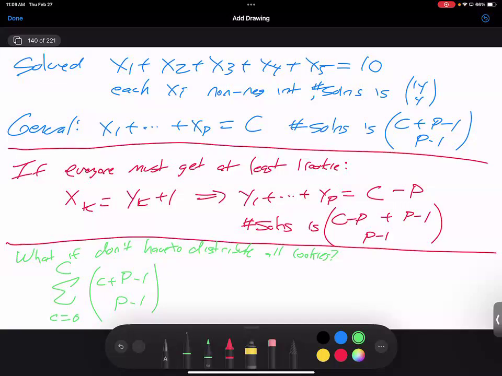Okay. This is a binomial sum to evaluate. Good luck. I claim you can solve this in one line. And we've still got a few seconds left. So it's going to be C plus P plus 1 minus 1, choose P plus 1 minus 1.